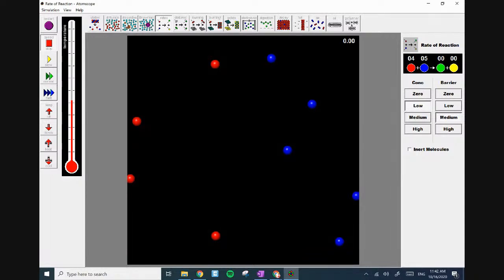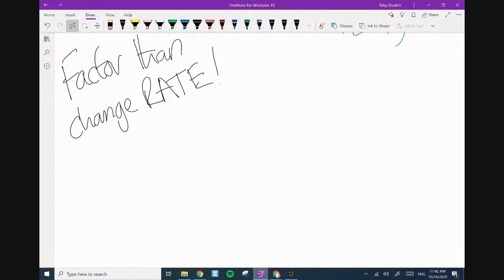Halping's given me two brilliant ones straight off the bat. Like it. Oh, there's Tiffany. There's Lara. Heat up. Yeah, heat up. Lara and Tiff have given me the right answer. Use a catalyst. Well done, Alison. Number 1, we know factors that change rate: temperature.